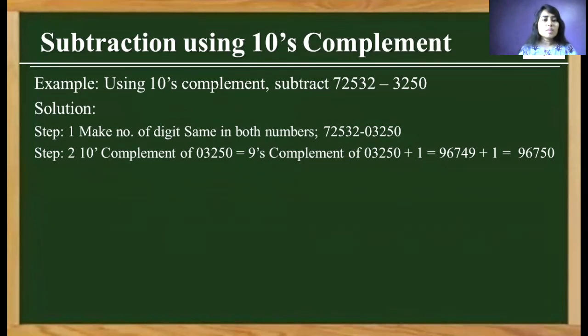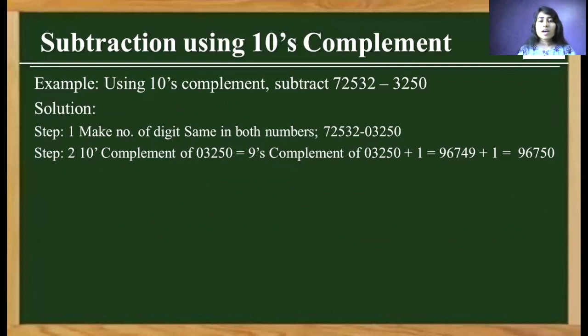The tens complement of 03250 can be calculated by calculating the nines complement and then adding 1. Nines complement can be calculated by subtracting the number from 9.